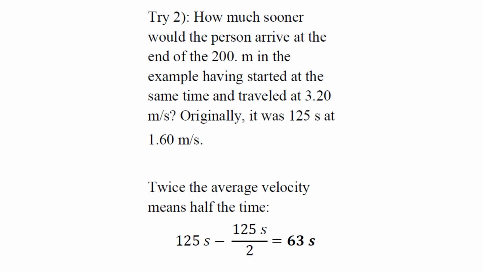One way to do it is very fast. The amount of time that the trip will take at twice the speed is half the time, and the difference in time taken will be the original time minus the new time, which is half of the original time, which gives you half of the original time.